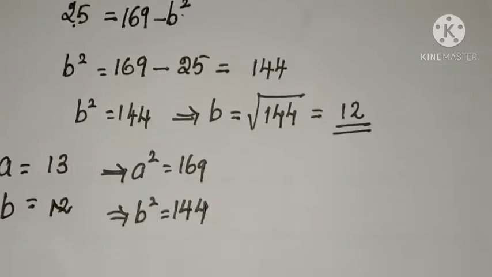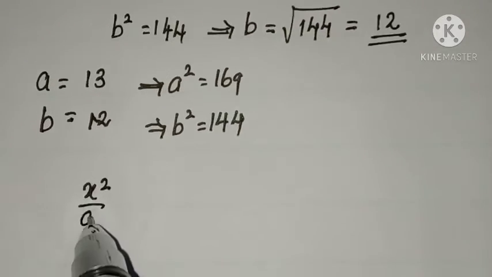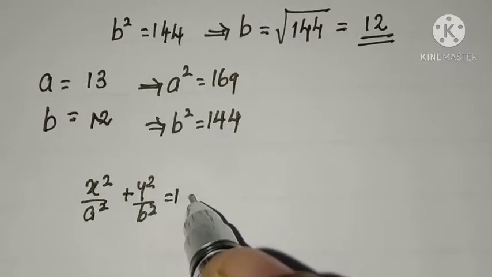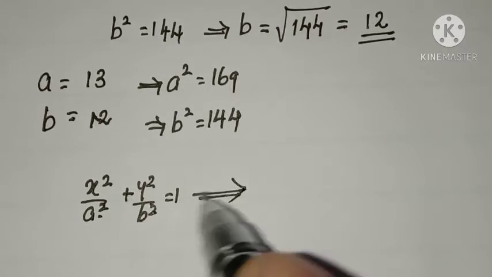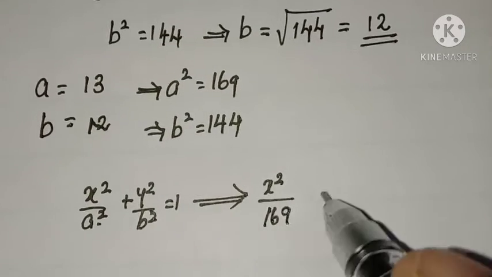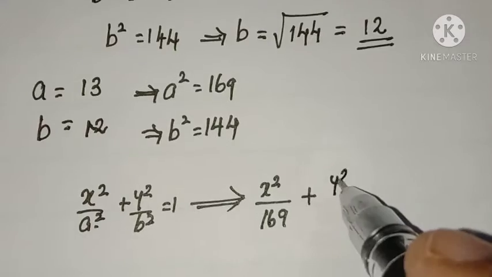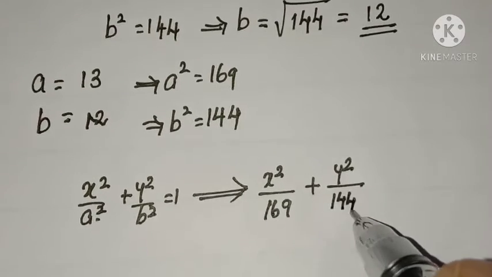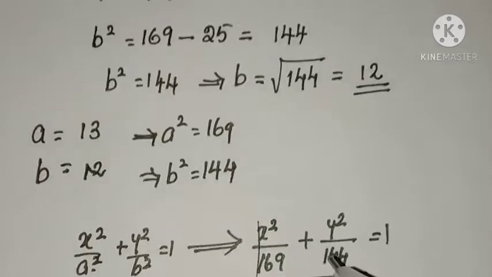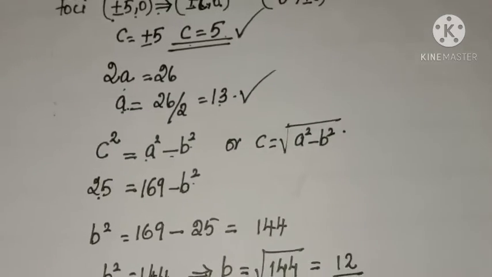So what is the standard equation? x square by a square plus y square by b square is equal to 1. Put these values in the equation. We get x square by 169 plus y square by 144 is equal to 1. So which is the required equation of the ellipse.